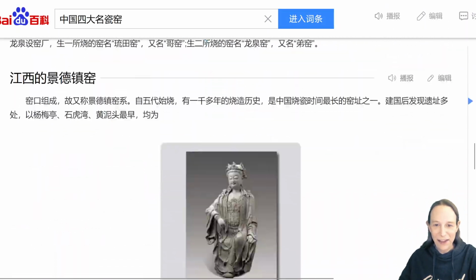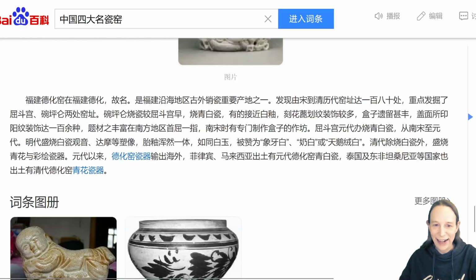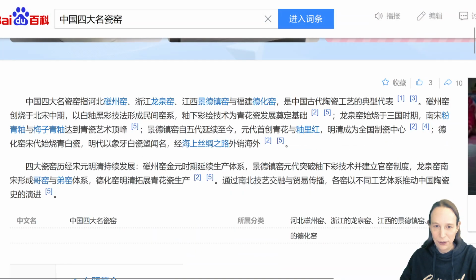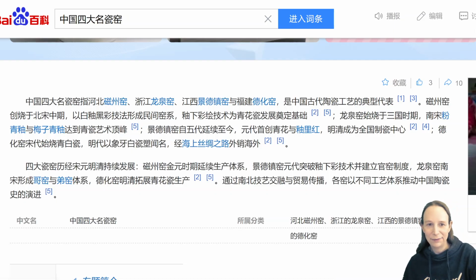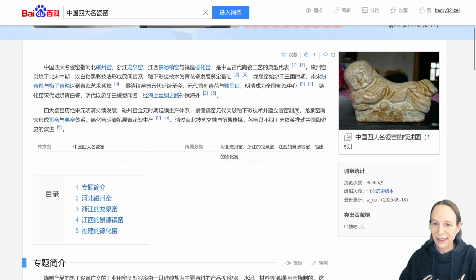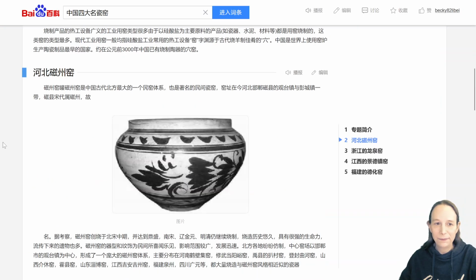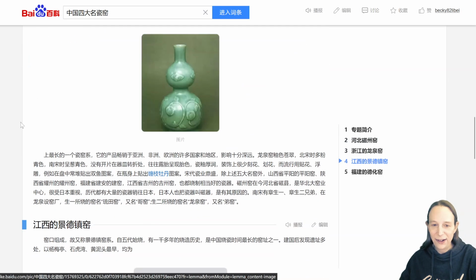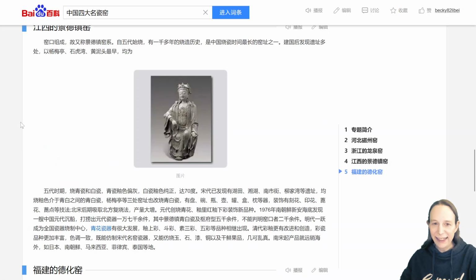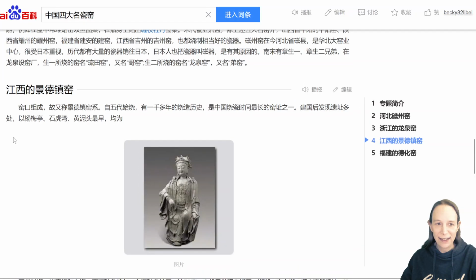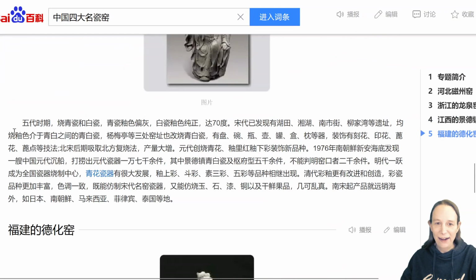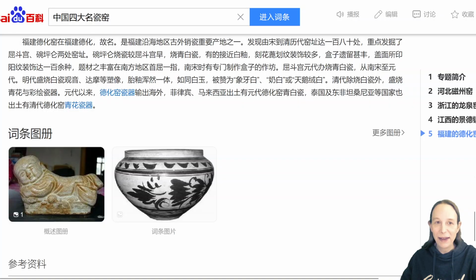There are famous kilns in Chinese history, and they produced particularly sophisticated porcelain, etc. It's particularly distinctive for the time period. I don't know the full details, so you can read about that if you like.